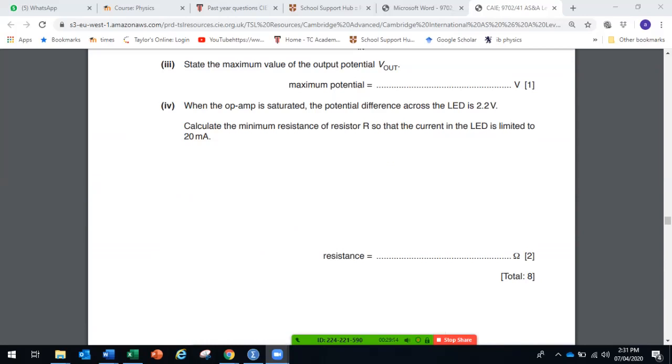So this question, I just used the V over I formula, sir. But the V I need to use is 2.8, right, sir? When the op-amp is saturated, the potential difference across the LED is 2.2. Calculate the minimum resistance of R so that the current in the LED is limited to 20 milliampere.